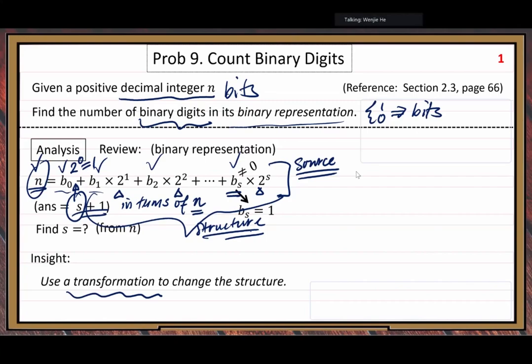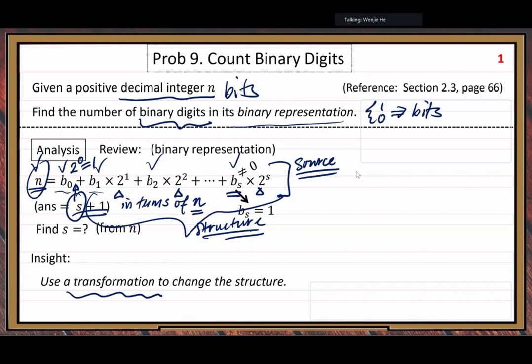Integer division by 2. Why integer division by 2? Because when you take integer division by 2 on a power of 2 number, you still get a power of 2, right? So you maintain the power of 2 structure. You do not break it. You change it, but you still maintain the typical structure there.